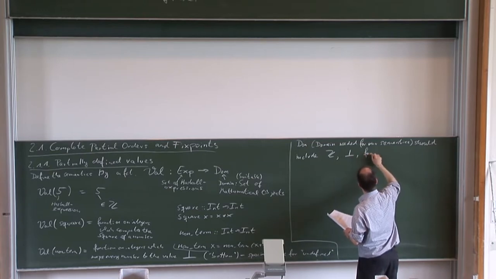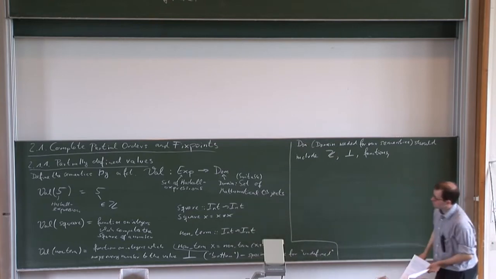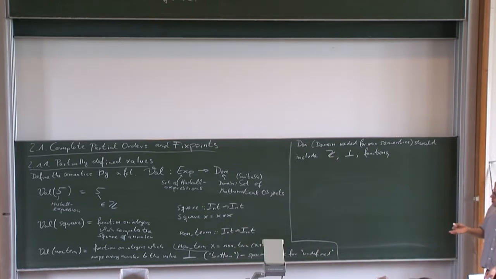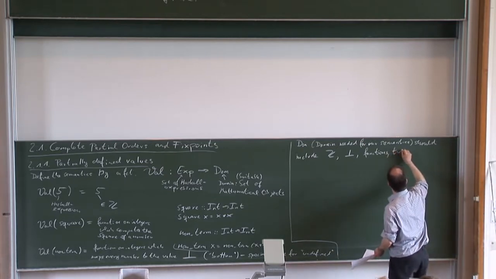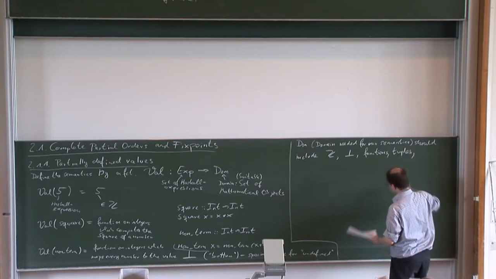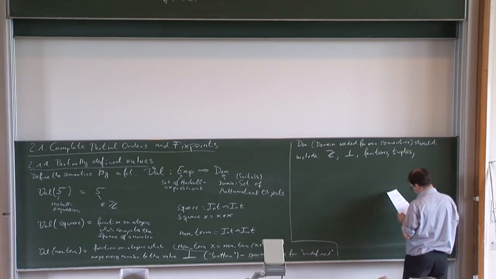It should include functions. And if we have another expression, for example, the tuple consisting of 5 and 7, this will be mapped to a tuple of integer numbers. So it should also include things like tuples. It should include things like lists and so on.